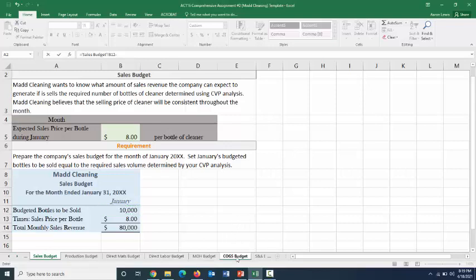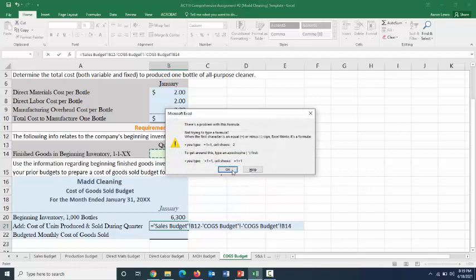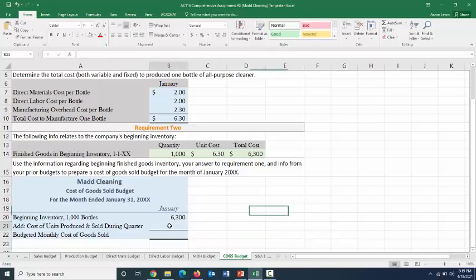Going back to our cost of goods sold budget, we see that if we're selling 10,000 and 1,000 of those are coming from beginning finished goods, that means that 9,000 units have to be coming from the units that we produced and sold during this period. So we're selling 9,000 units that we made during January.